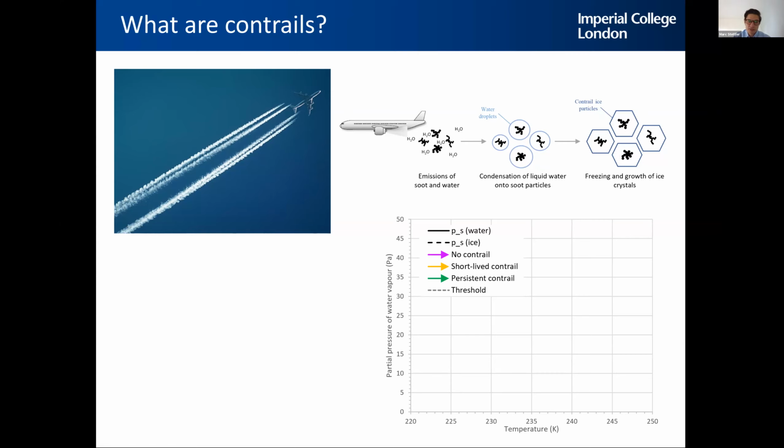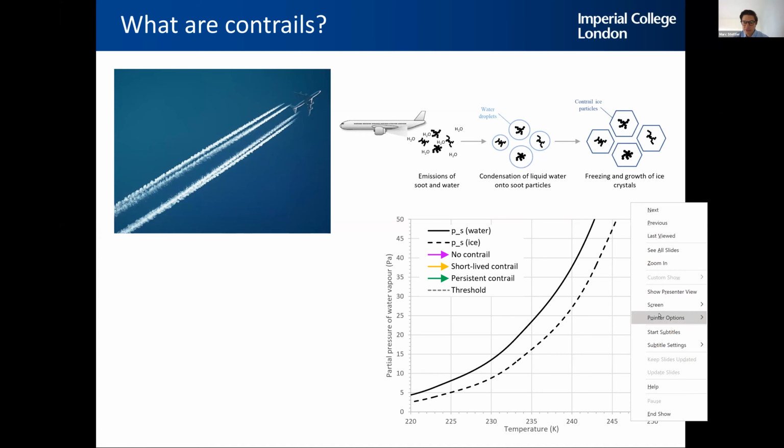The formation of the contrail we can think of in terms of thermodynamics. This graph here shows the partial pressure of water vapor as a function of temperature, and the lines of saturation for water and for ice. Towards the top right-hand side, we've got the exhaust conditions of the aircraft, very hot and quite humid, but too hot for water vapor to condense.